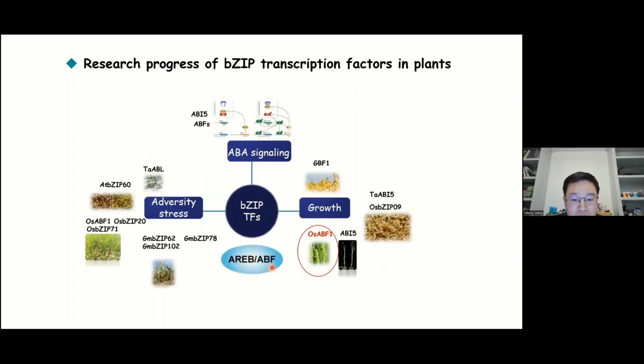Among these ABF transcription factors, many members belong to bZIP type transcription factors, and they are involved in adversity stress and growth stages, including flowering.